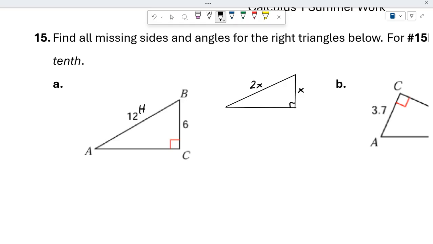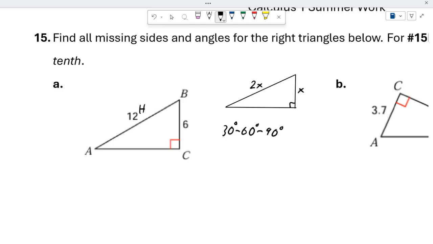So I have something that looks like this. This is a 30, 60, 90 triangle. It is one of two special right triangles that you should have seen at this point. The other one is a 45, 45, 90 triangle, which is also an isosceles right triangle.